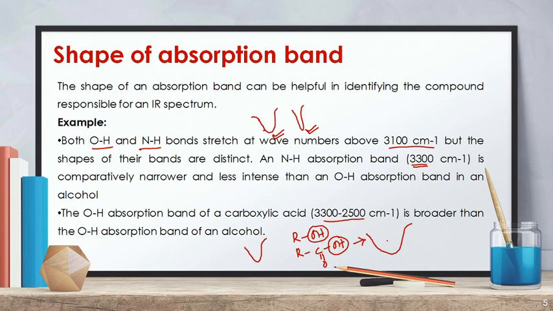So this is the way of identifying the bands that are present in the spectrum. If nearer values are coinciding, we can find depending upon the shapes, right?